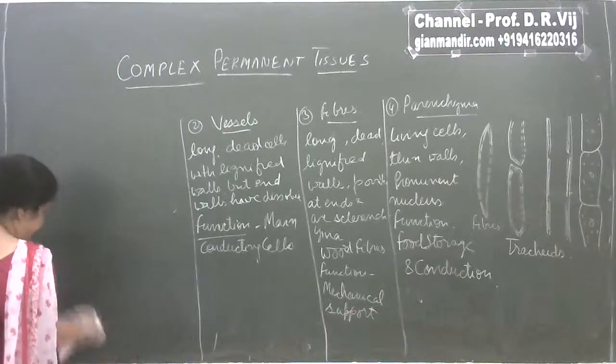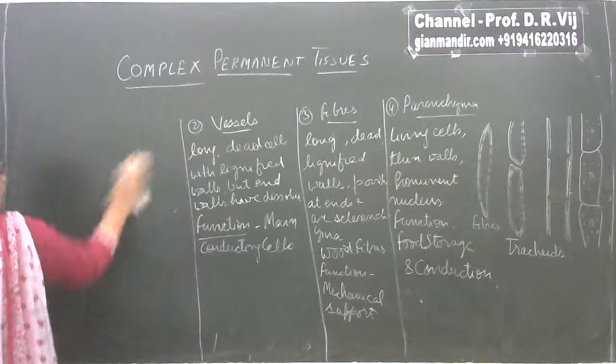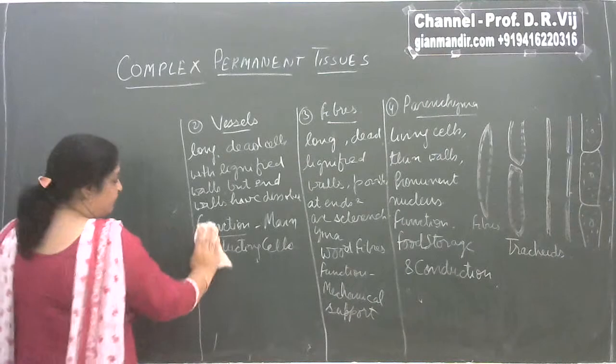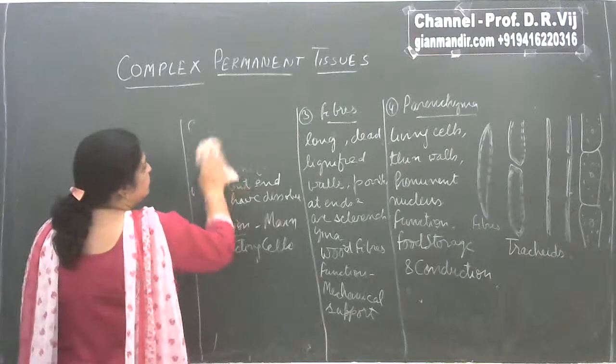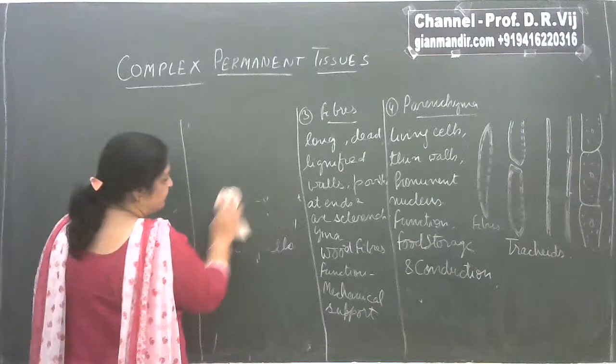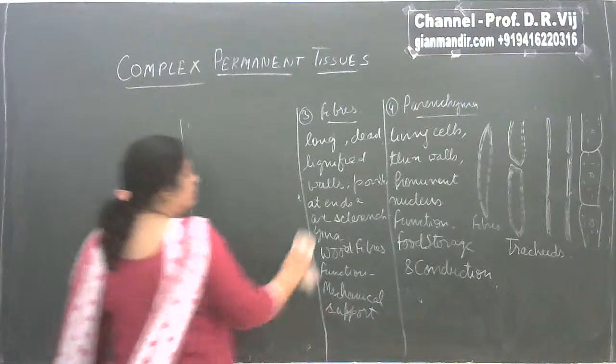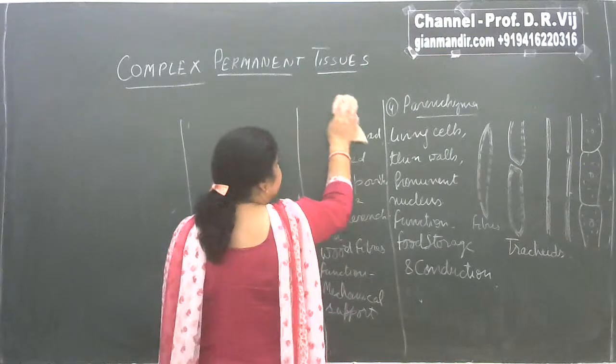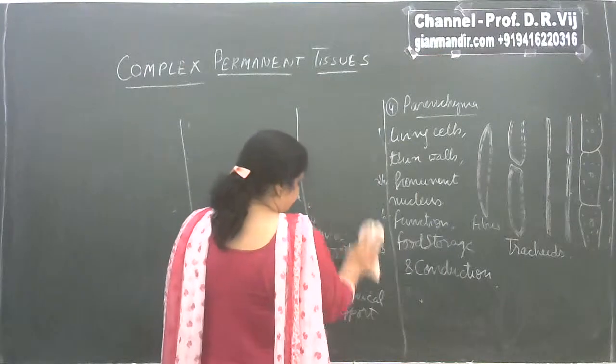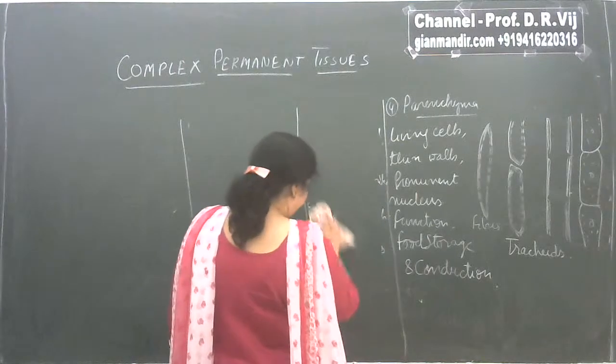And like xylem, phloem also has 4 components, but the only difference is in xylem 3 components were dead and 1 was living, but in phloem 3 components are living and 1 is dead, right?